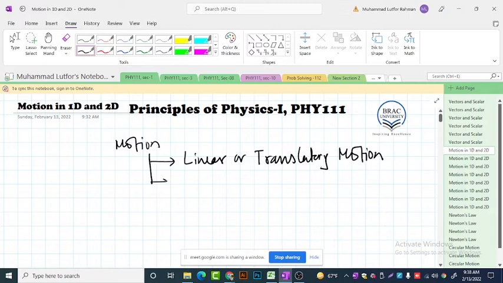And the second one is rotatory or circular motion. Mostly we are going to talk about linear or translatory motion in this class, and rotatory or circular motion we'll introduce later.